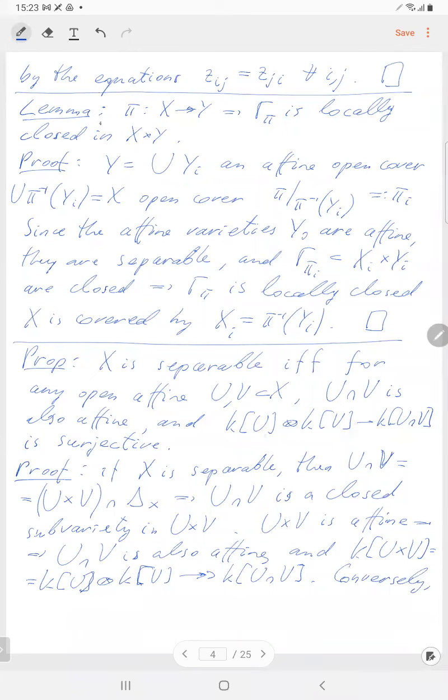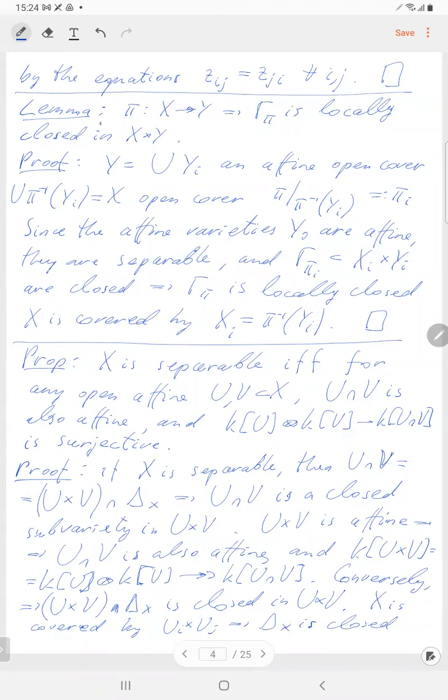If we know this property about intersections of open subsets, then we see that the intersection of U times V with the diagonal in X is closed in the product U times V, but now X is covered by such things, say U_i times V_j, and hence delta X is closed, since it is closed in any open subset.